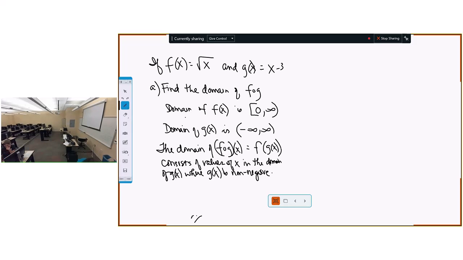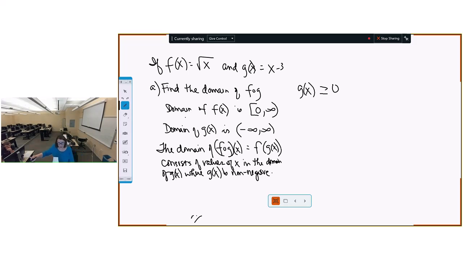Okay? So we know g of x has to be greater than or equal to 0. The output of g of x is all numbers, but it has to serve as the input of f of x, which is your outer function, so g of x has to be greater than or equal to 0.